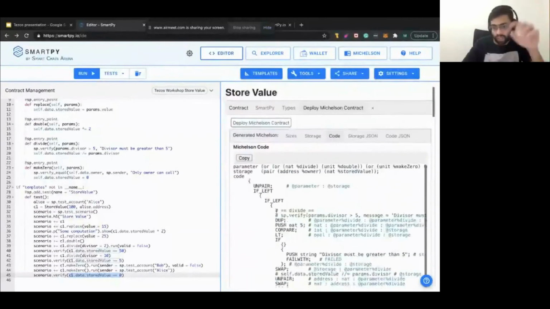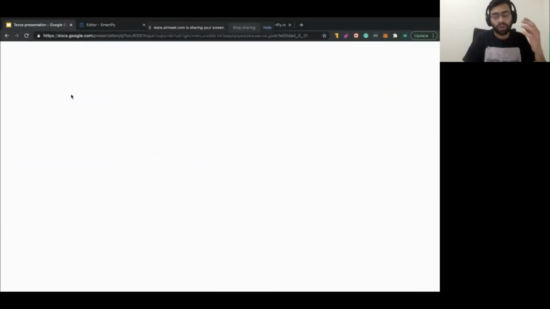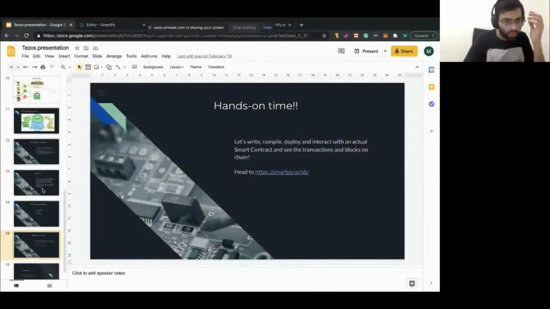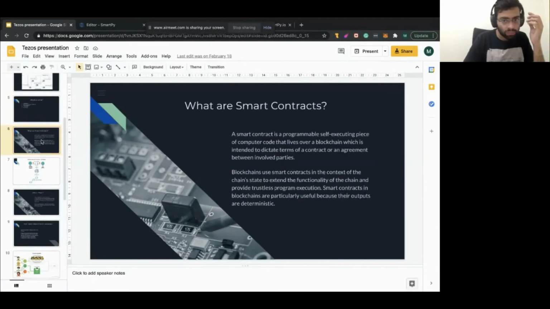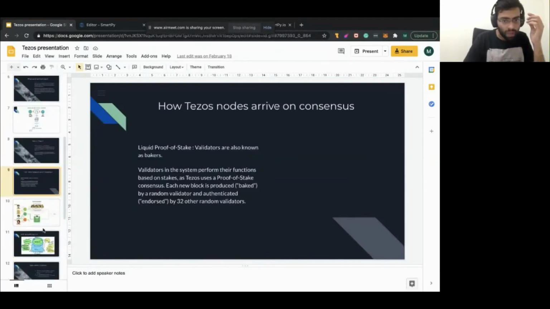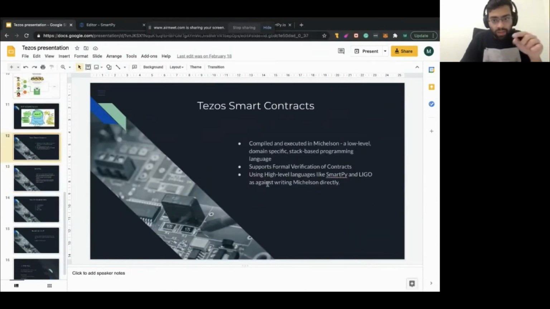So that is why, and this is what is deployed on the chain. On the chain, what exists is this assembly level Michelson language, which we touched upon. It's a low-level language. Anyhow, I hope you remember that the language it uses is Michelson. It's a low-level stack-based programming language.